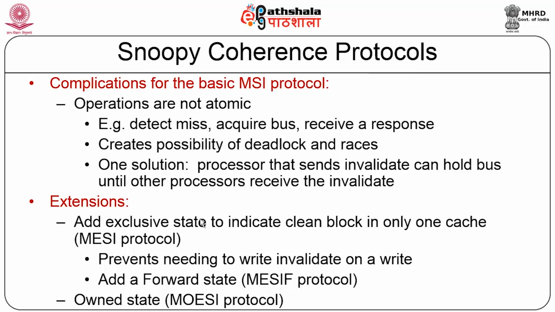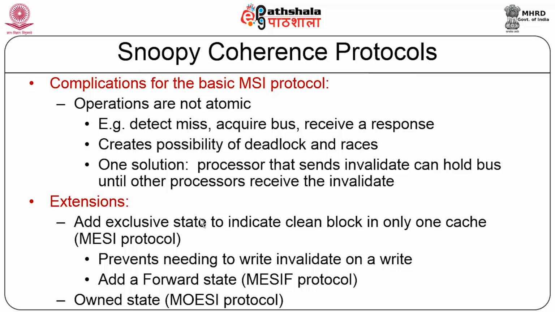What the forward state tries to do is this: when the cache block is available in a shared state and there is a read request from any other processor which wants to share this block also, either the main memory can respond with it. Normally we assume that the main memory will respond, because the main memory has an updated copy. But if you are going to take the data from main memory, it is going to take a long time. So you can also have any of the other cache controllers respond with the data, because they anyway have the data.